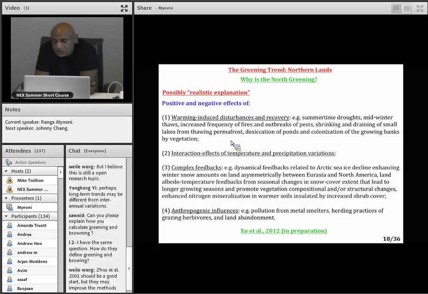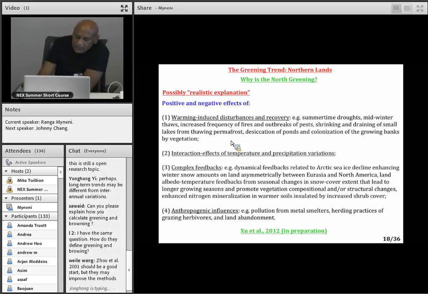There is considerable evidence of increase in shrub cover in the Arctic, and so on and so forth. So you could invoke any number of reasons to explain it in a certain location, and there is no single answer that will explain the greening that we are seeing in a realistic way.